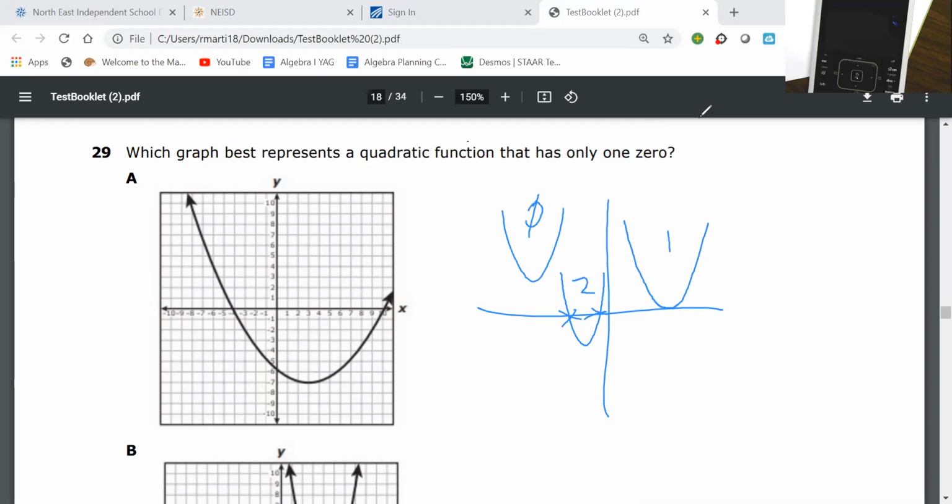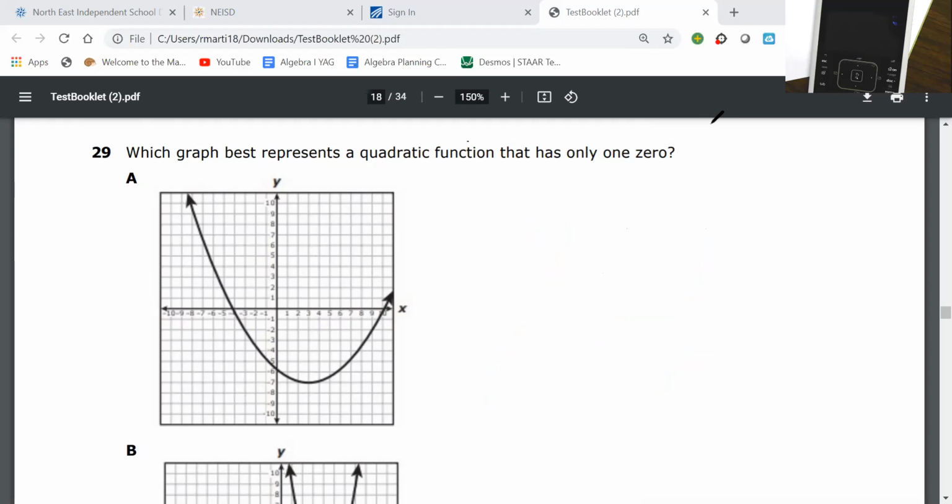And they can be upside down too. You can have one that comes down and comes up and touches the x-axis. So all three of these can be upside down and have the same. You can have one that has no roots like that. So there's only three choices: 0 roots, 1 root, 2 roots for a quadratic.